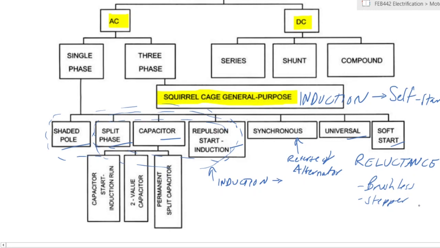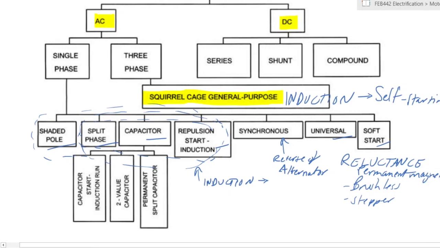I mean, they were not in the scope of this unit, but nowadays they are fairly common because these reluctance motors make use of permanent magnets. Previously, permanent magnets were quite expensive to manufacture, so it was not economically viable to use them in common applications.